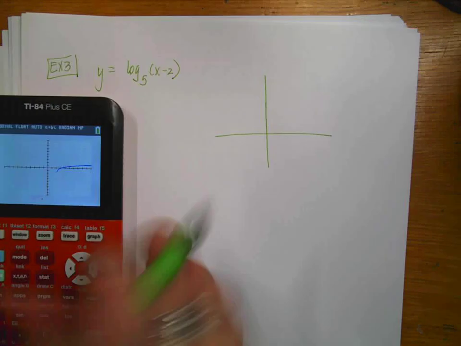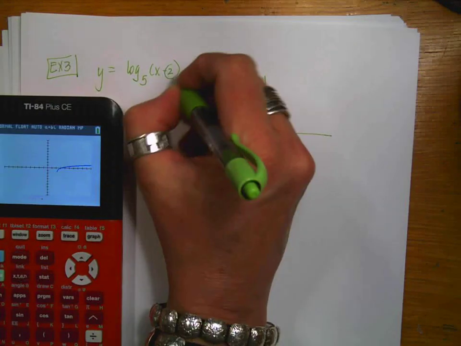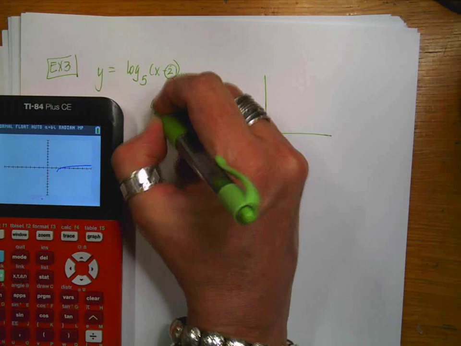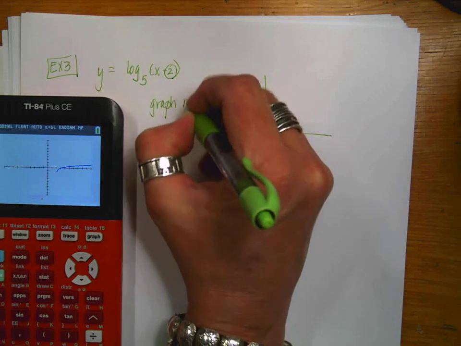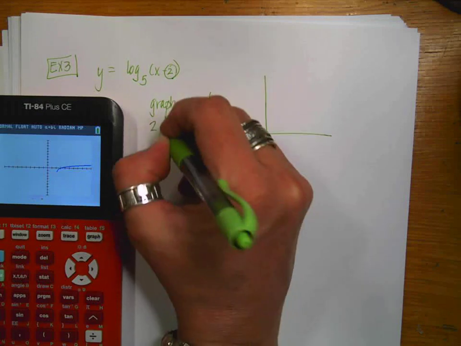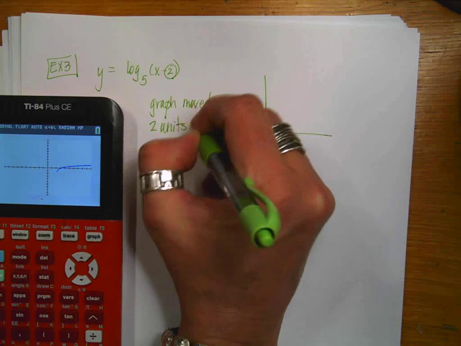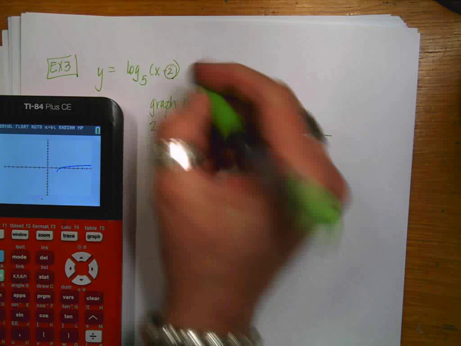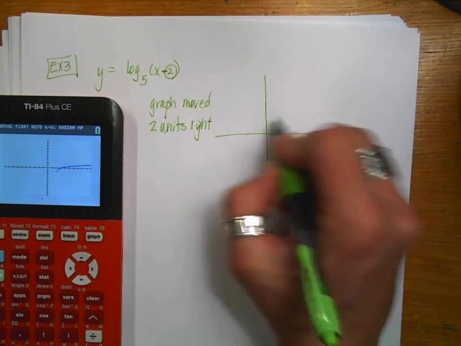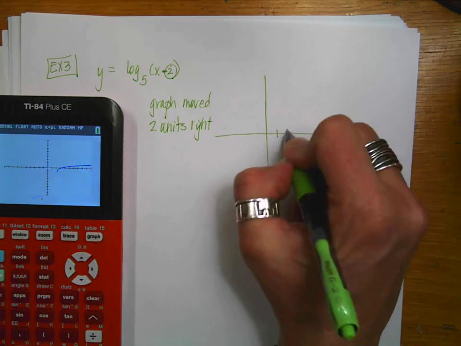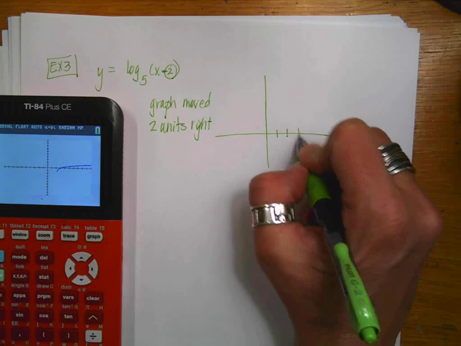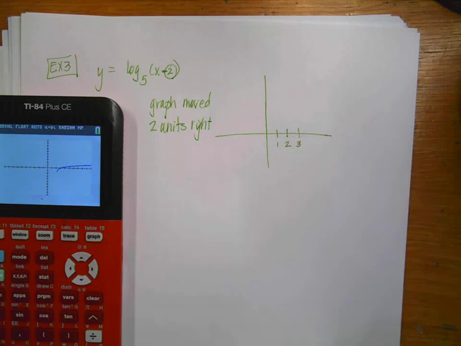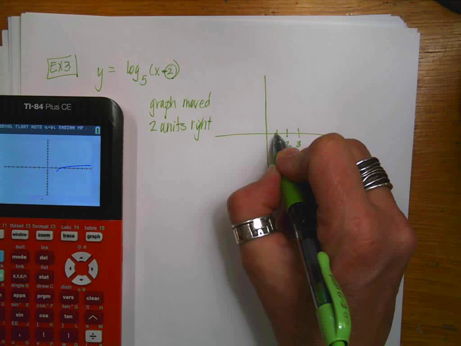So notice that things have moved. So let's talk about what happened. This 2 right here moves the graph 2 units to the right, okay? And it's because it's x minus the quantity, okay? So we're not going to go back into translations and talk about it. So this is 1, this is 2, and this is 3.